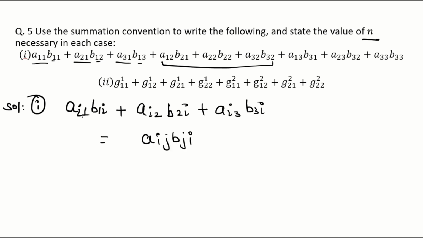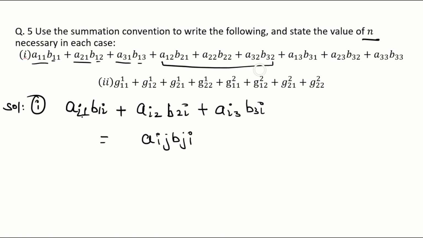So first let us go back. How can you prove that these both are the same? j is dummy, so you take the sum over j. When you put j as 1, you get ai1 b1i, the first term. Then you put j equal to 2 and you get the second, and when you put j as 3 you get the third term. Now for the first, i is dummy, so you put i as 1, 2, 3 and add them, so you get the first three terms.